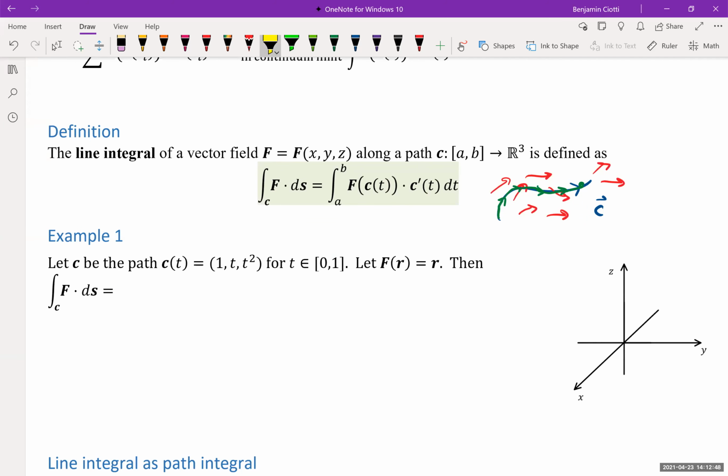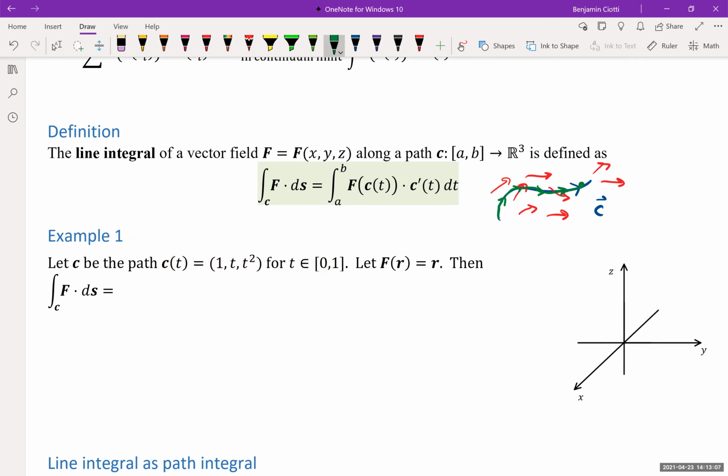So for my first example, let's consider the path whose components are 1, t, and t squared, as t goes from 0 to 1. In fact, let me draw this path first before I do anything else.